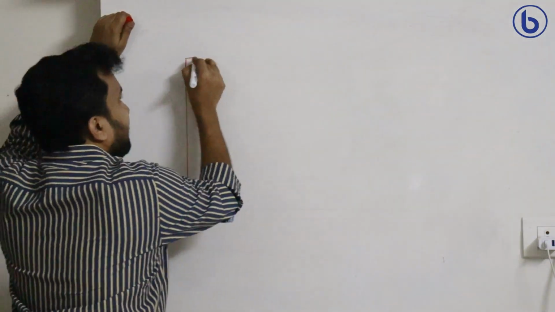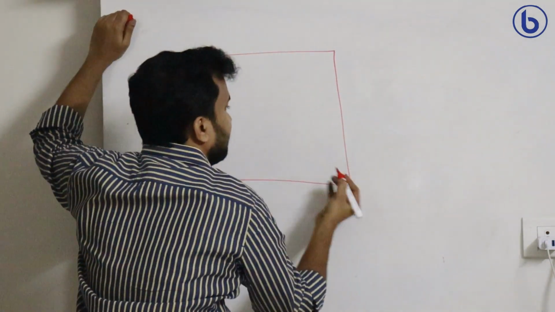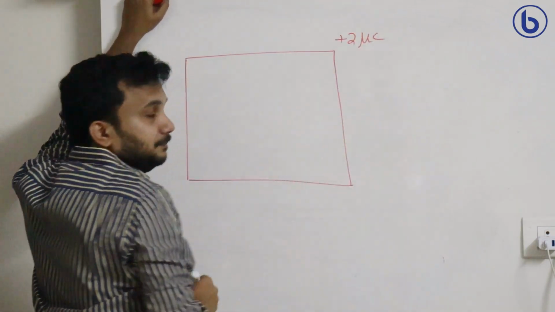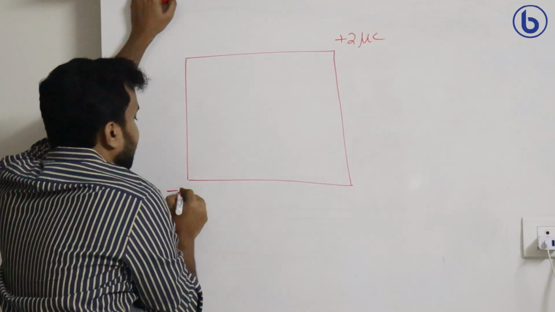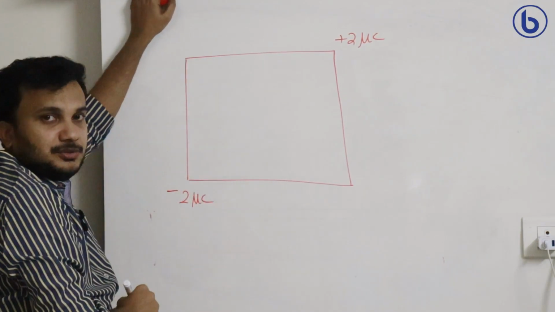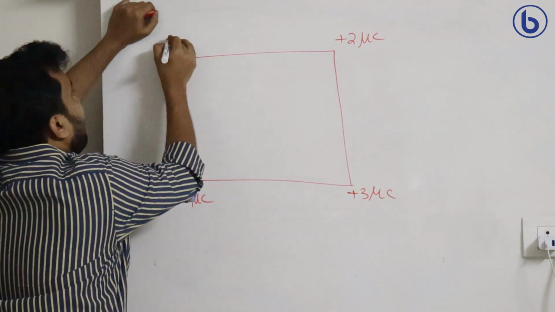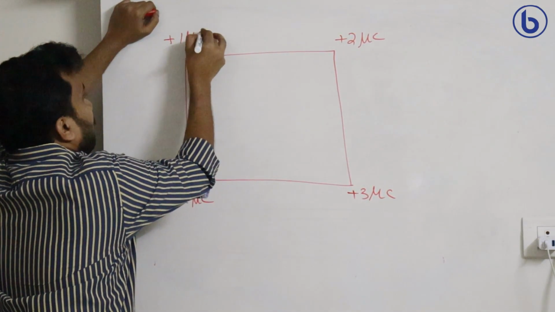Here we are just describing one idea to understand the superposition principle. I have a plus 2 microcoulomb charge here, a minus 2 microcoulomb charge here, a plus 3 microcoulomb charge here, and a plus 1 microcoulomb charge here.